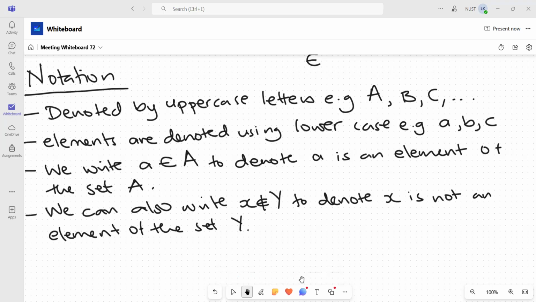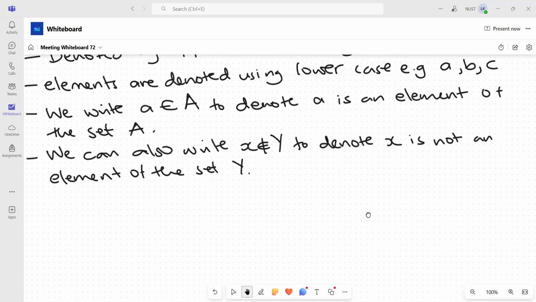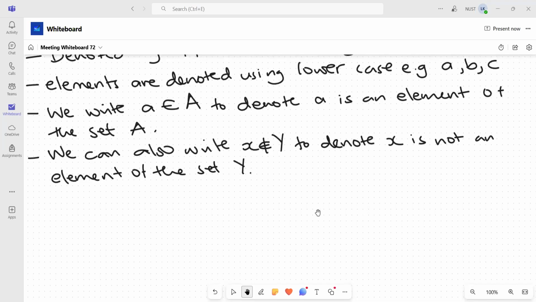Our uppercase letters are used for the set, lowercase used for the elements, and then we use the special symbol, this E, to show that a is an element of the set capital A. And if we strike through our element symbol, then it means it is not an element of that set.